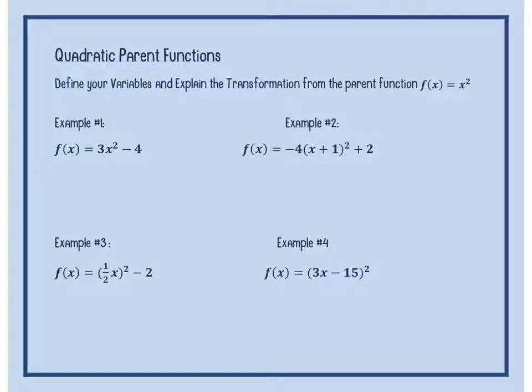So in example number 1, a number that's not in parentheses in front of the x. This is an a value. So this one, a has to be 3, which is a vertical stretch of 3. The number at the end, it's not in parentheses, and it comes after the x squared.